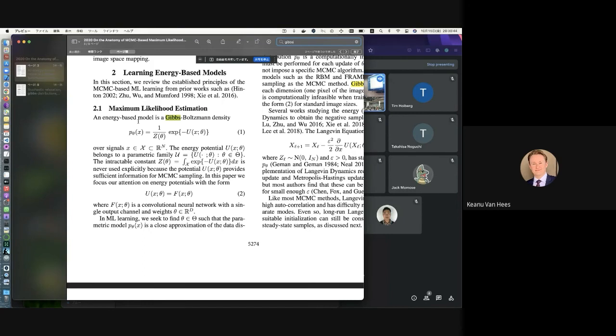Gibbs-Boltzmann distribution is a distribution to describe a particular physical system appearing in a particular state, like a pound of gas obtaining a particular temperature with a particular state. It just describes the probability of this physical system appearing in this state.